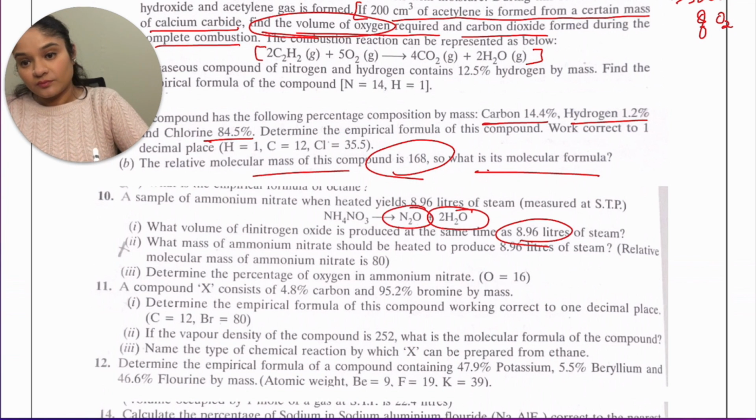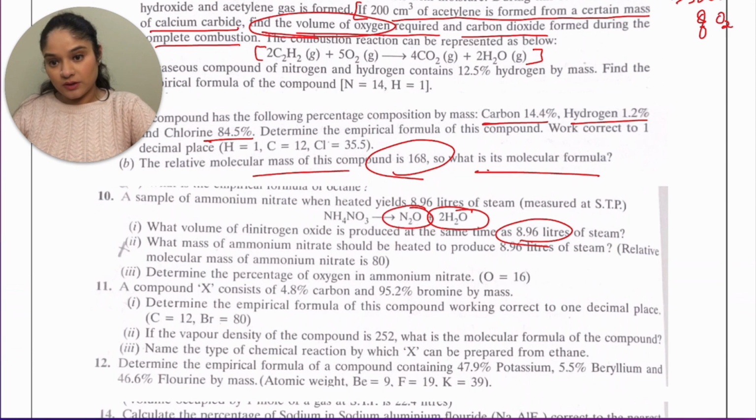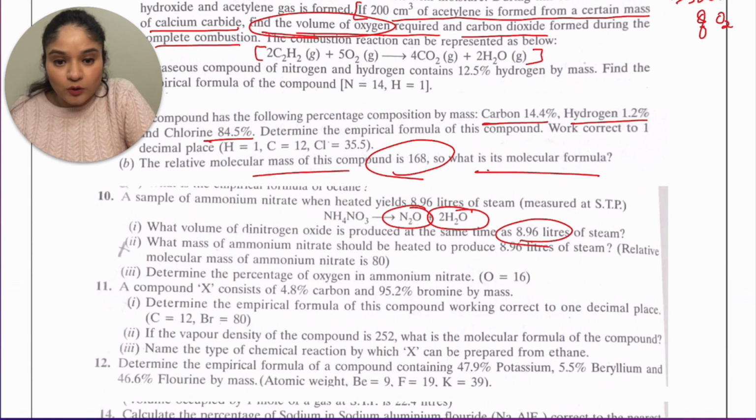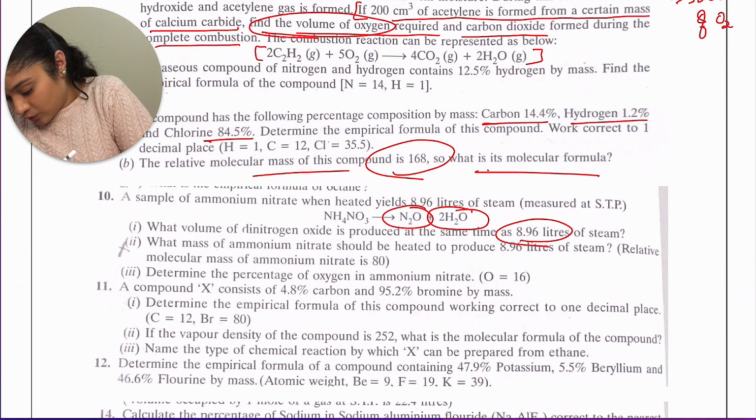So what is the equation given to us? The equation is given, so I'm not writing the whole equation, I'm just picking up the information from here. So I see two volumes of steam coming along with one volume of dinitrogen oxide. So I'll write 2V of H2O is coming along with one volume of N2O.